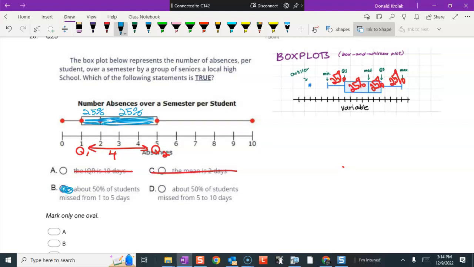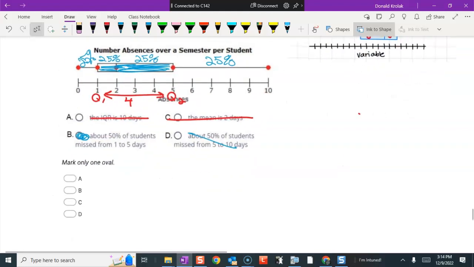About 50% of the students miss from 5 to 10 days. That would be false because this is going to be 25%. So my true value in this one is B.